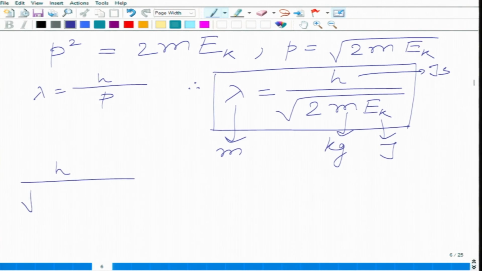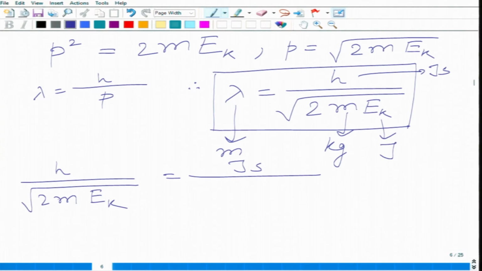So, h by root over 2m Ek. So, joule second by square root of 2m Ek; we can eliminate the 2 from here.